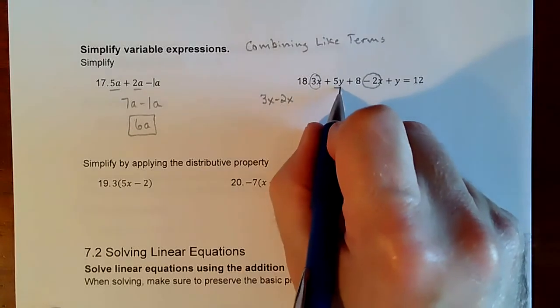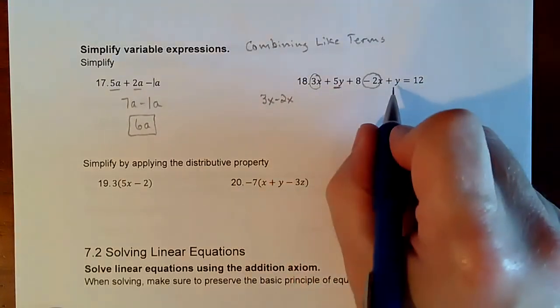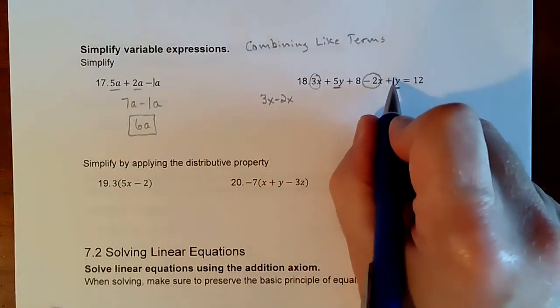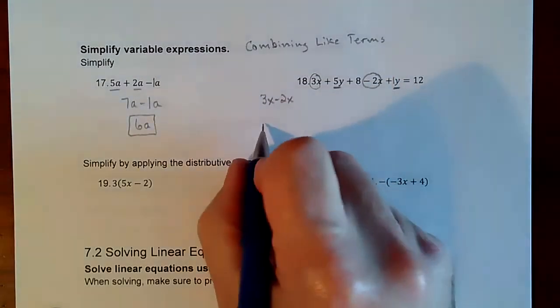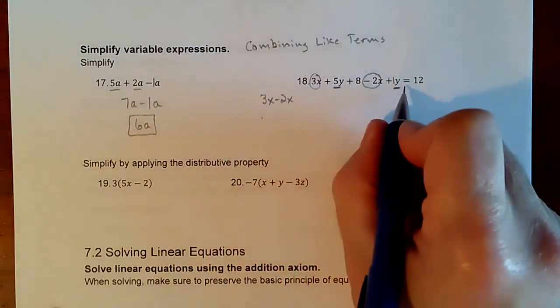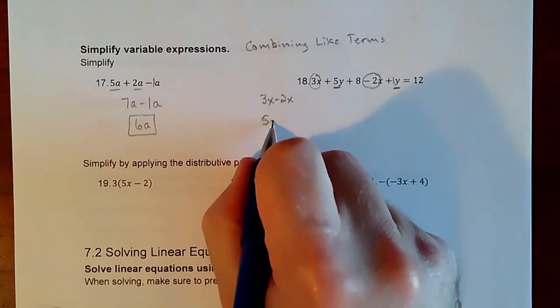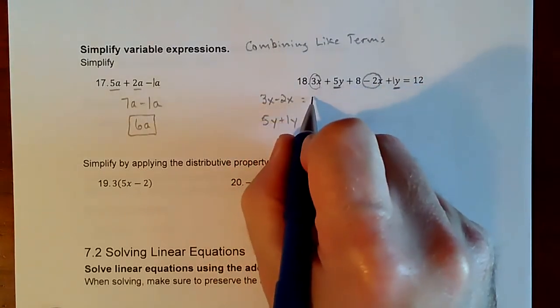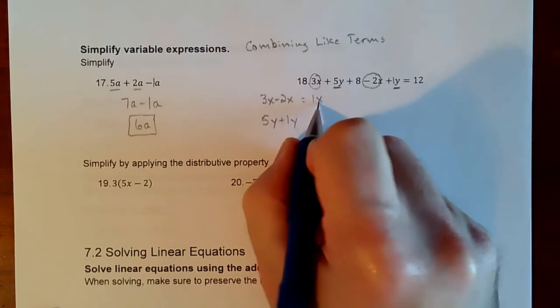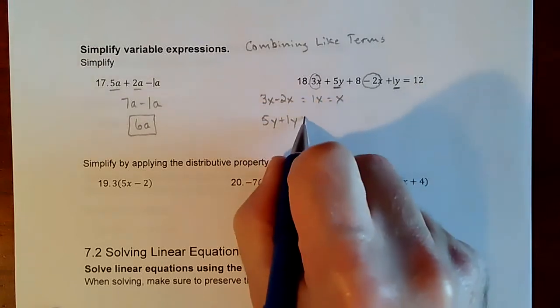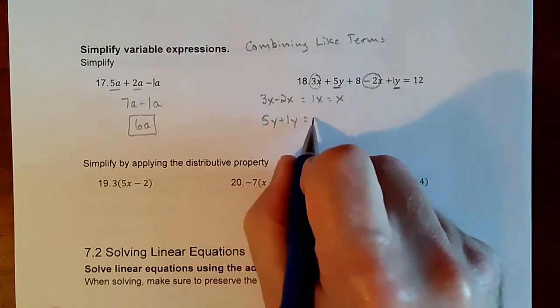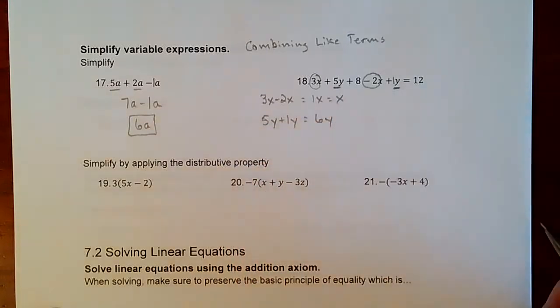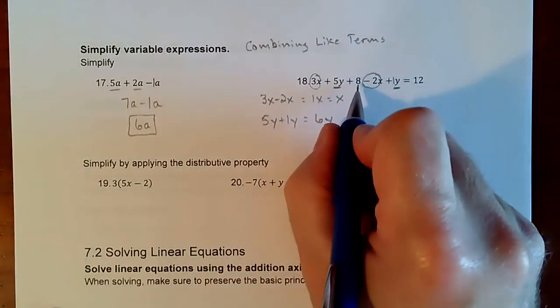We have a 5y and a 1y, so we'll be adding those two together. They're both positive. So 5y plus 1y. Then that part equals a 1x or just an x. And 5y plus 1y gets you a 6y.